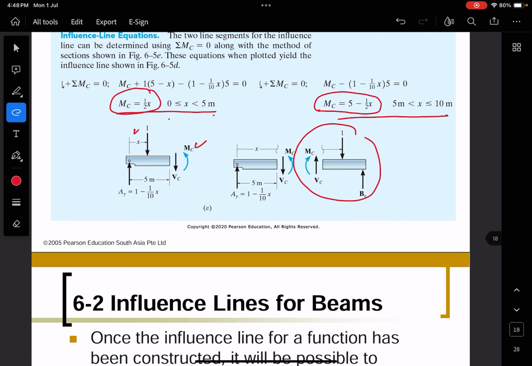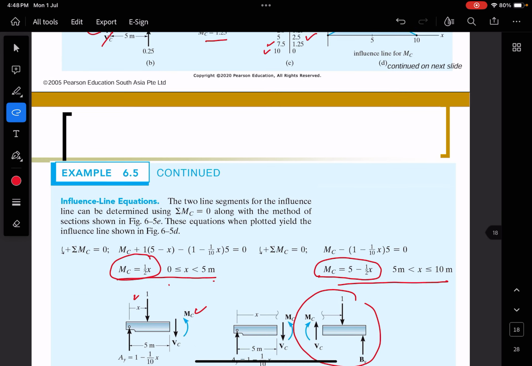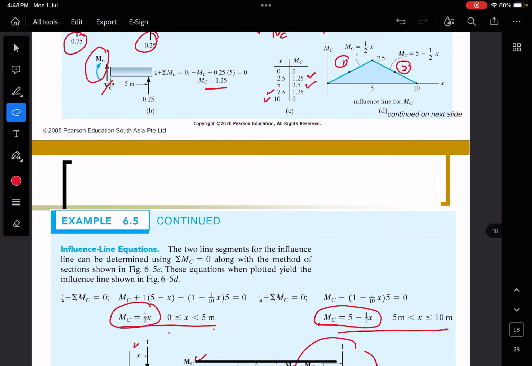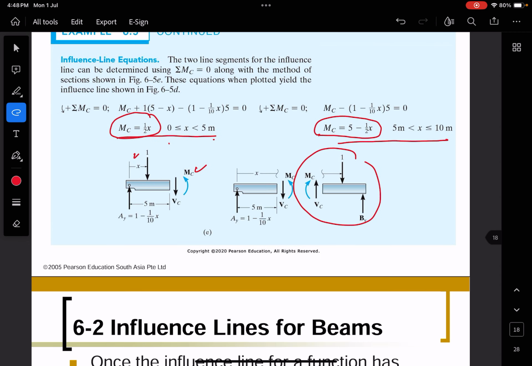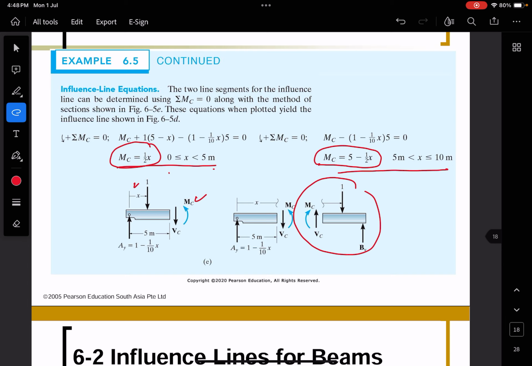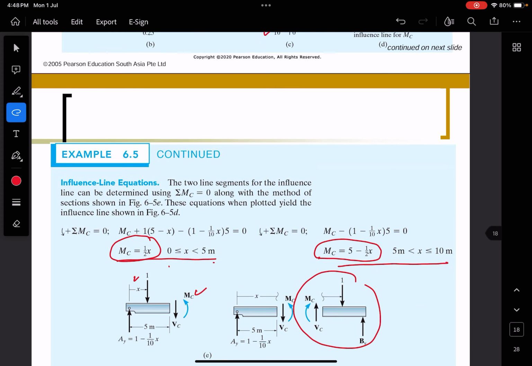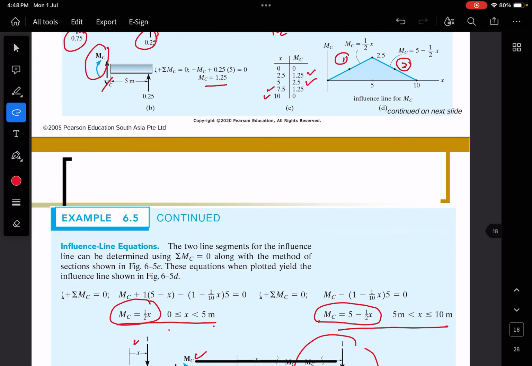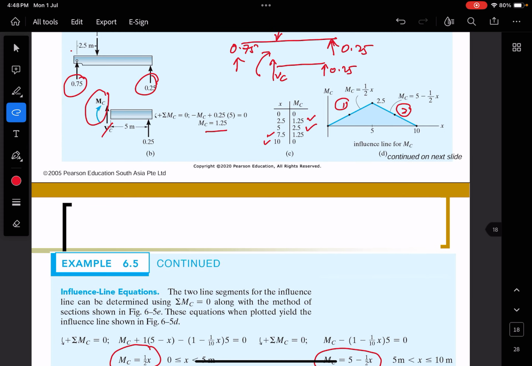This equation represents the second influence line. So you just substitute again x equal to 0, x equal to 2.5, x equal to 7.5, and x equal to 10 meter, and then you will have the same diagram, this diagram.